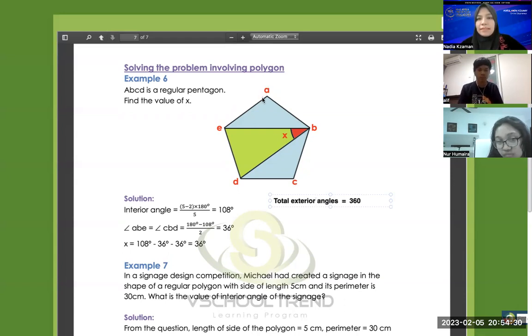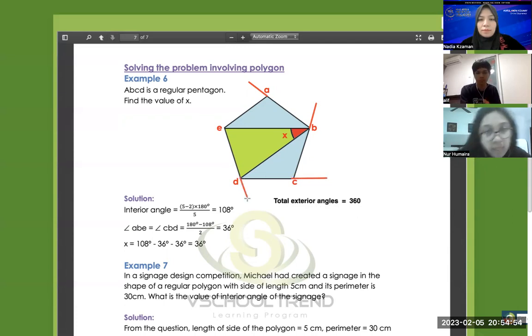So at each angle, how much will you get? At each exterior angle, what will be the value?